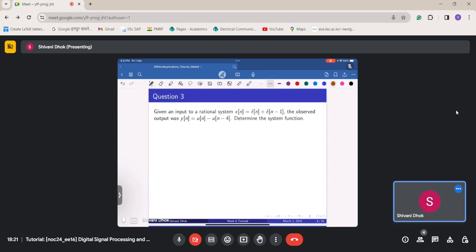So now what do we have? We have x of n as delta n plus delta n minus 1, and y of n is equal to u of n minus u of n minus 4.